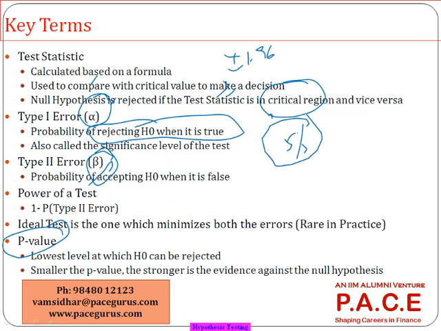Otherwise, the chances of going with the null hypothesis increase and the alternate hypothesis chances decrease. So the lesser the p-value, the stronger the evidence to go with the alternate hypothesis. Otherwise, it is more to go with the null hypothesis itself.